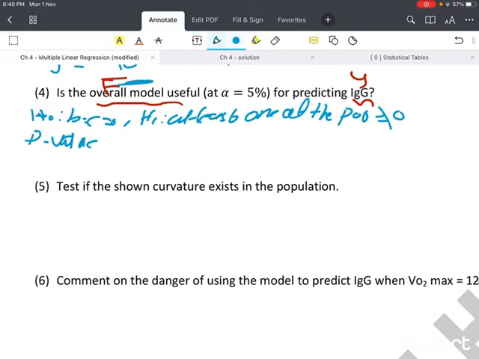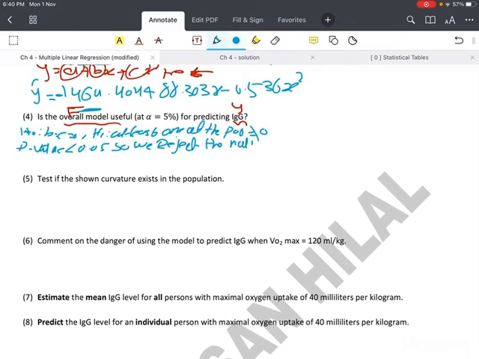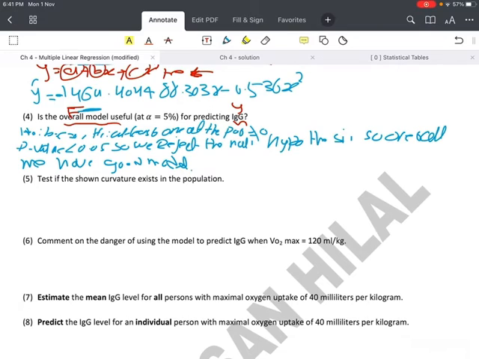It is less than 0.05, so we reject the null hypothesis. So overall, we have a good model. So this is for exercise 4.